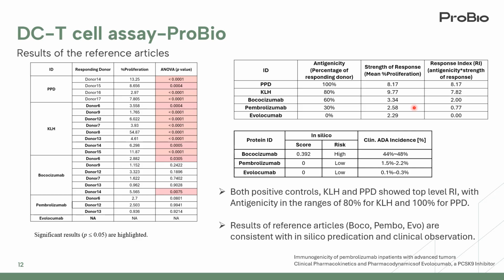Furthermore, the assay readout is also consistent with the in silico prediction by WeAdapt software, as I mentioned in previous page, and also the clinical ADA positive rate.